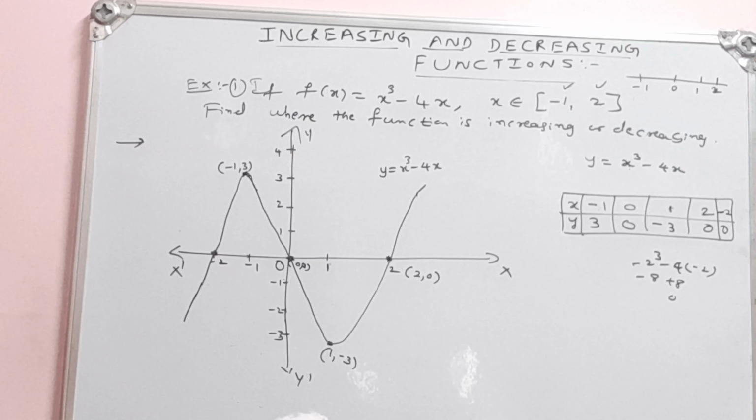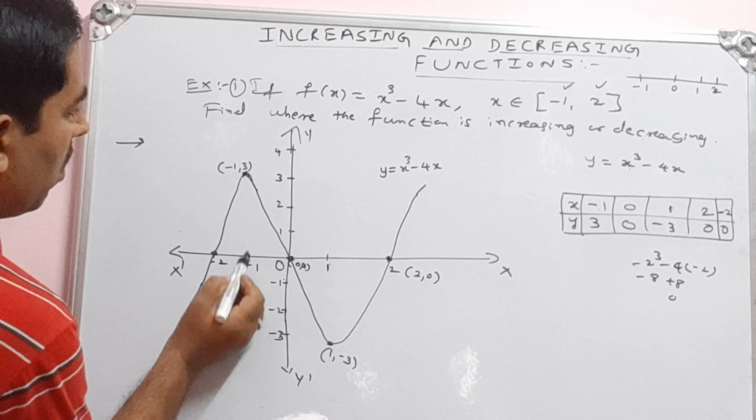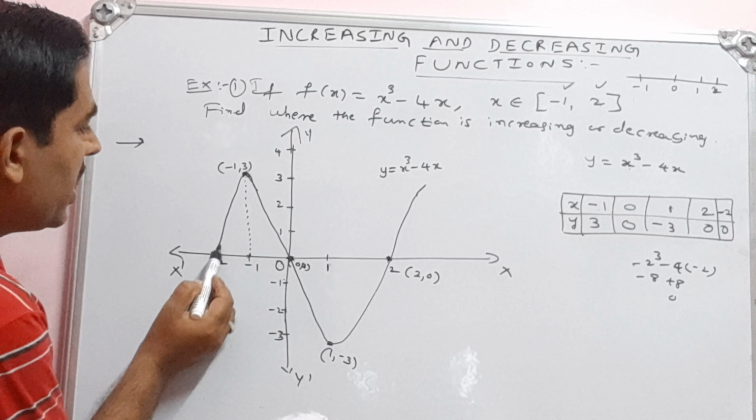Observe the graph. At which points is it increasing and at which points is it decreasing? Observe this carefully. I will mark this point. From this point it is increasing.